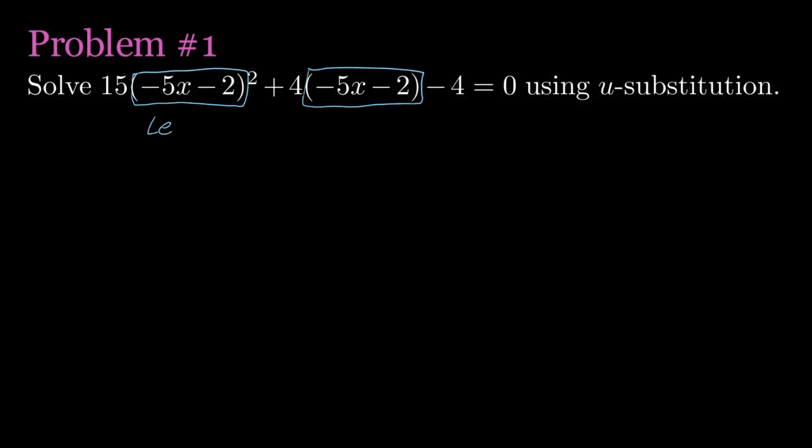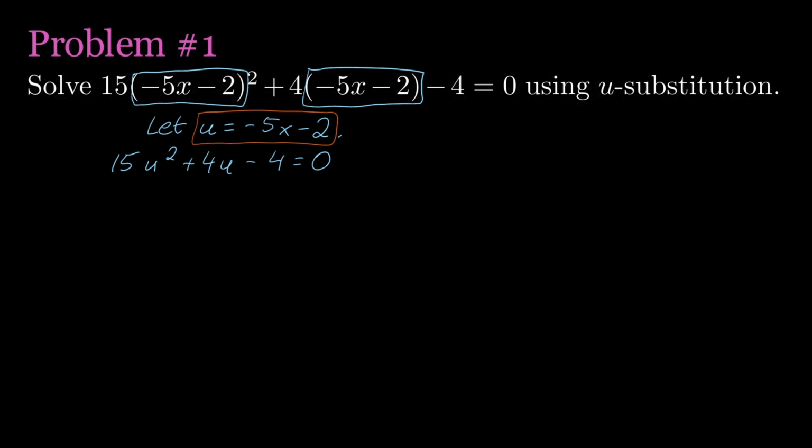So we will let u be equal to negative 5x minus 2. And that's our translation dictionary, as we can call it. We are replacing so far every instance of negative 5x minus 2 with u. So we're going to get 15u squared plus 4u minus 4 equals 0.